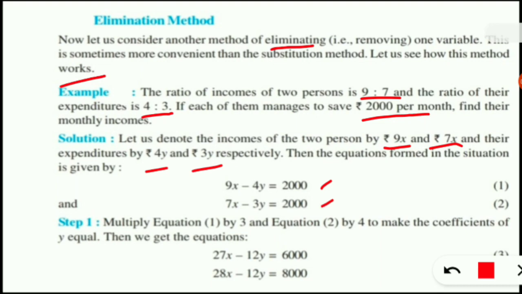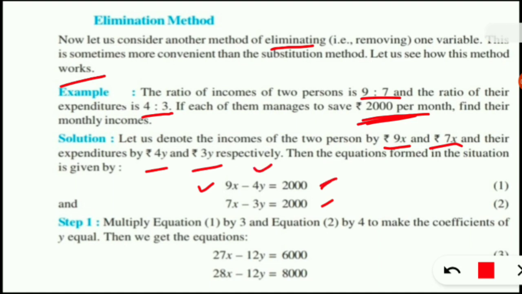Why 9x minus 4y equal to 2000 and 7x minus 3y equal to 2000? Because if we subtract expenditure from the income, then the remaining is the saving. That's why both of them manage to save 2000 per month. That's why income minus expenditure equals savings.